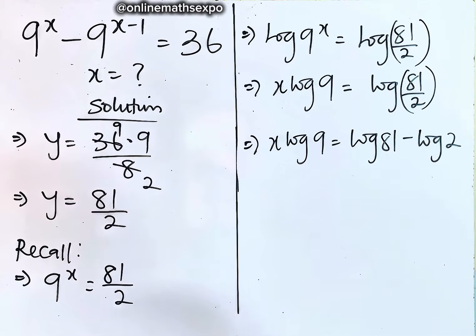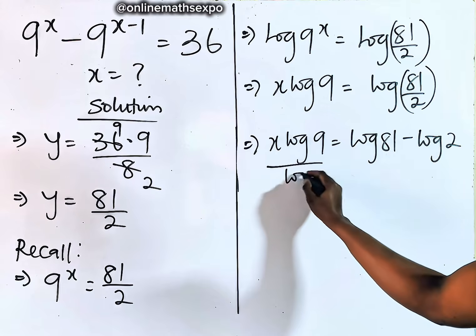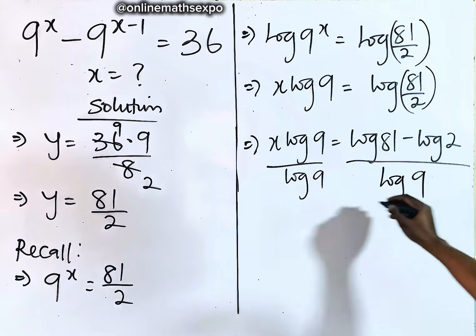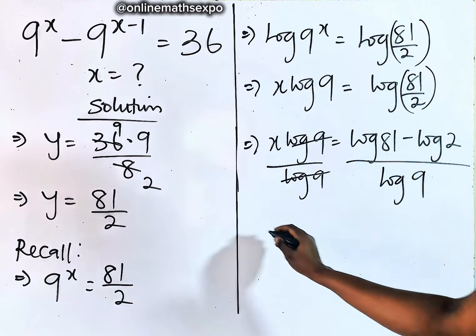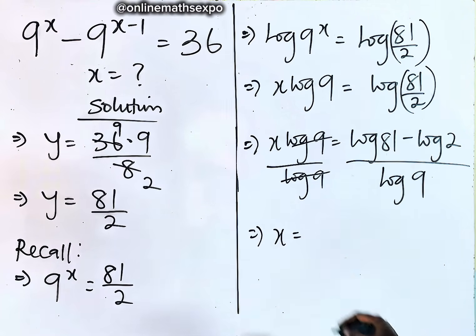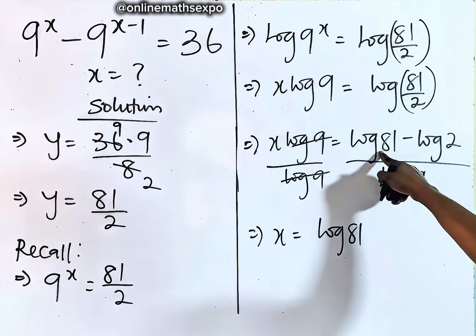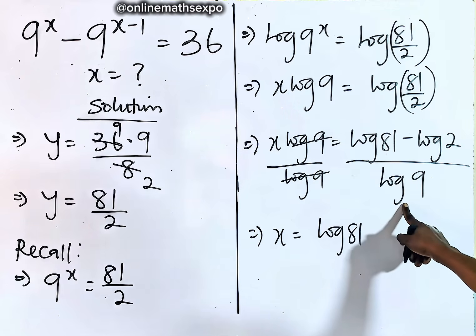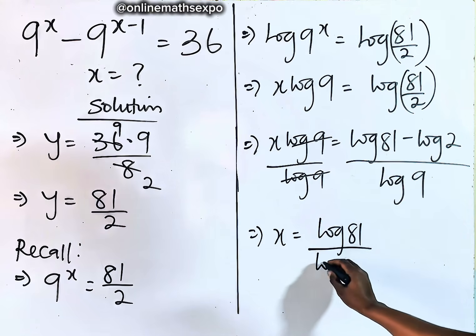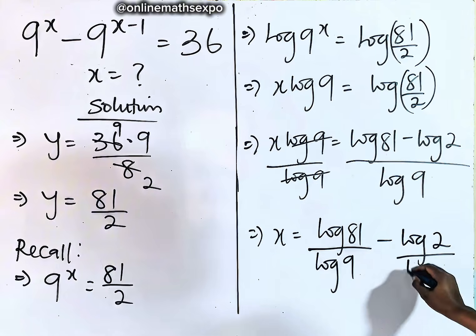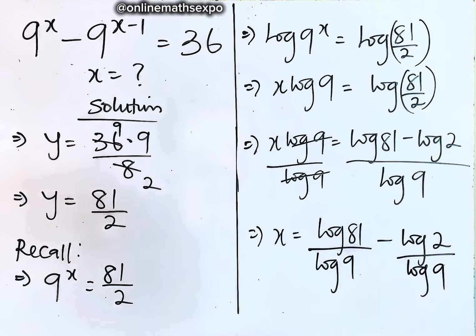You are going to divide both sides by log of 9. So you do this also here. And when you do that, this takes off and you are having x is equal to log of 81. You are free to divide each of the numerators by this. So you have log of 81 divided by log of 9 minus log of 2 divided by log of 9.